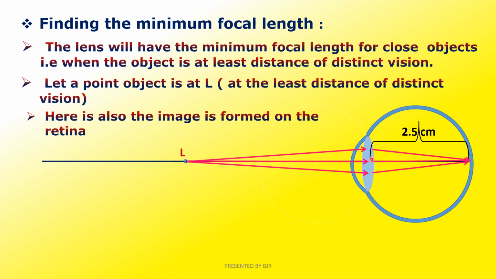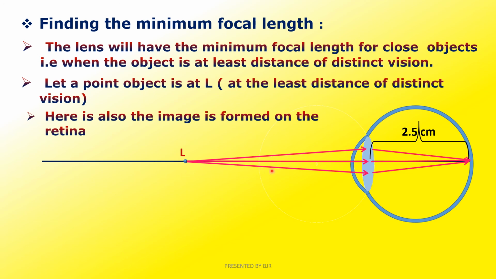And what is the distance of the object here? Because the object is kept at L, that is at the least distance of distinct vision, it is minus 25 centimeters.